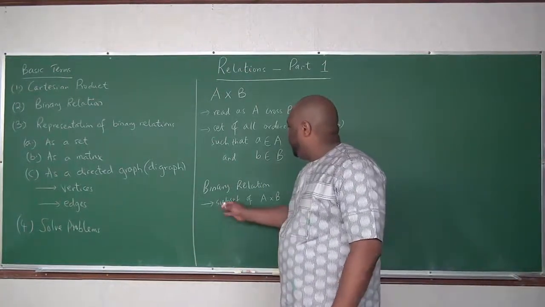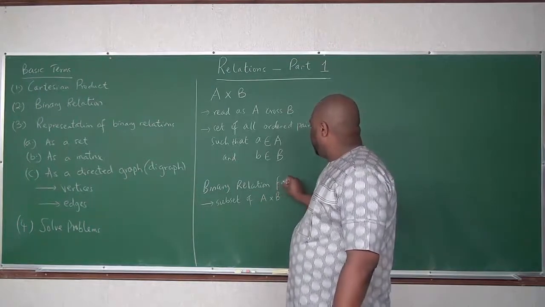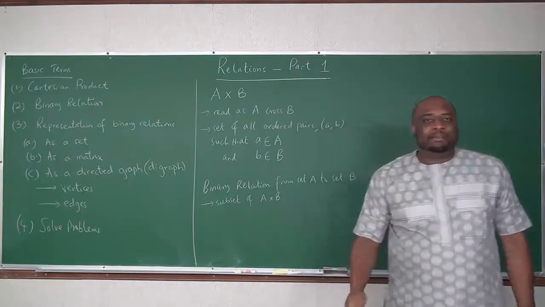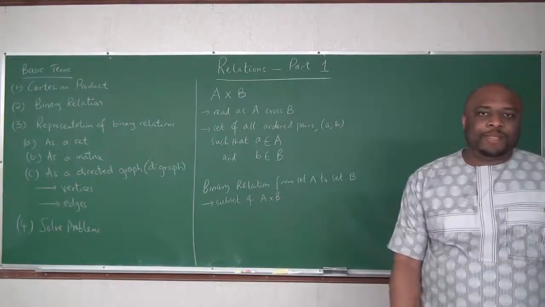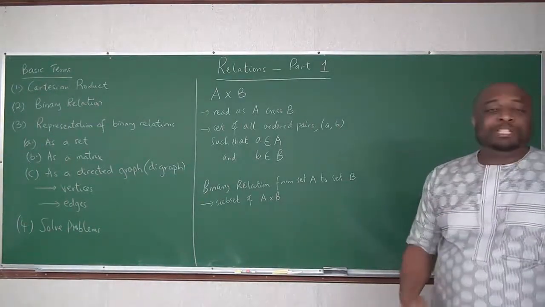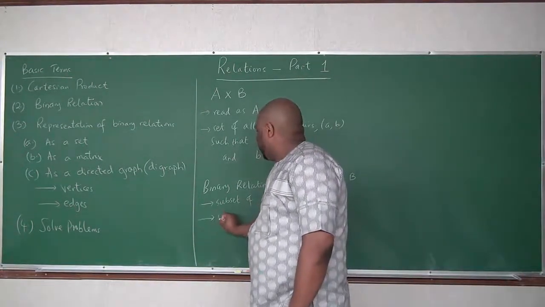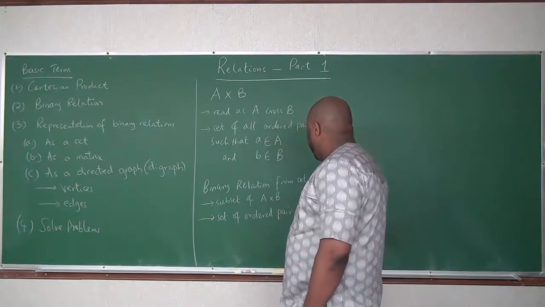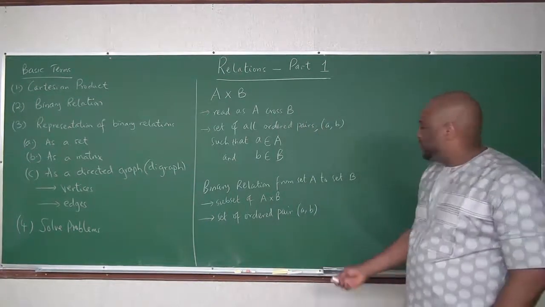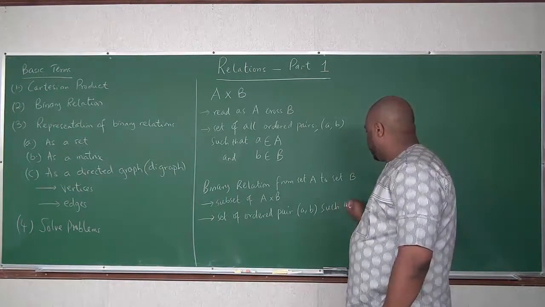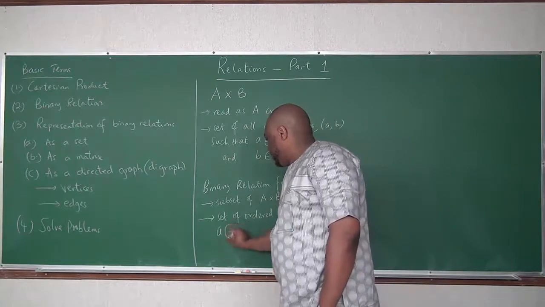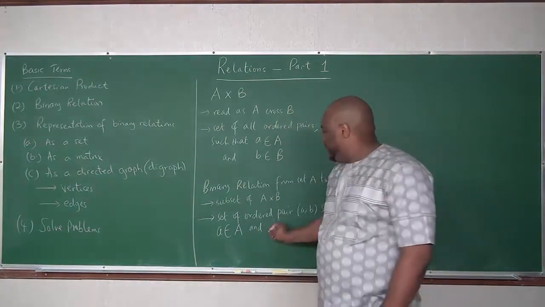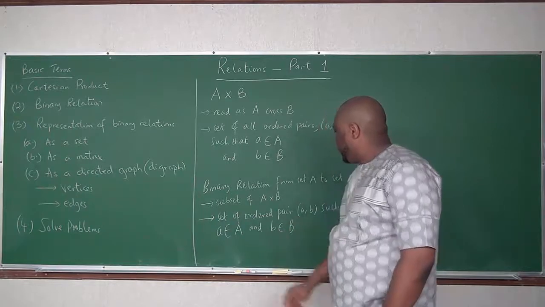A binary relation from set A to set B is a subset of A cross B, which means it is also a set of ordered pairs (a, b) such that lowercase a is an element of the set uppercase A, and lowercase b is an element of the set uppercase B.